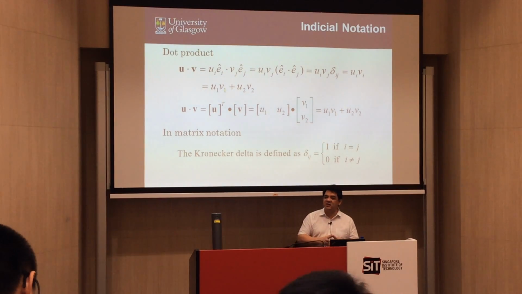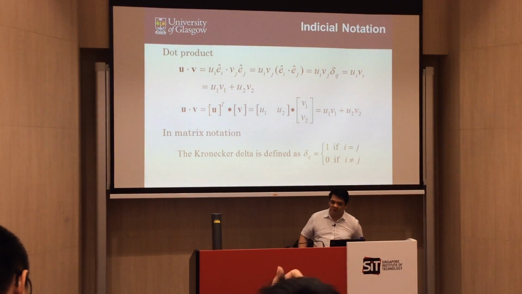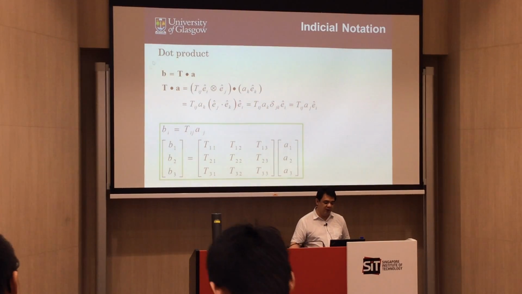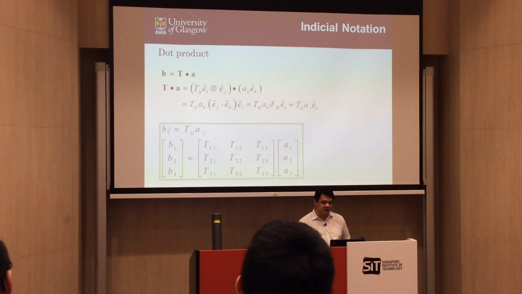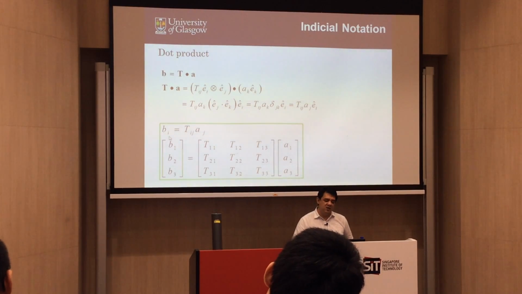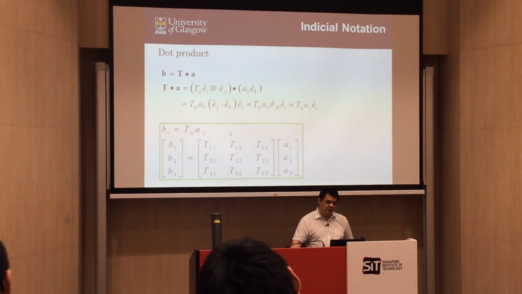So that's what we have at the moment. Contraction, of course. The others are rather straightforward. Dot product, as you can see, you can reduce this one here. This one is the dot product, Tij Aj. There's a repeated index there. So you end up with a single, a first order vector, or tensor, sorry.